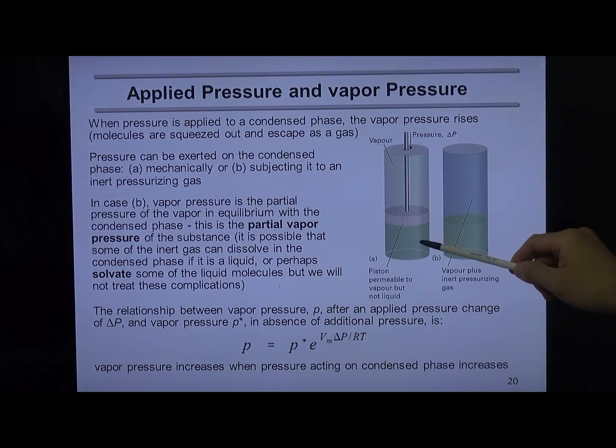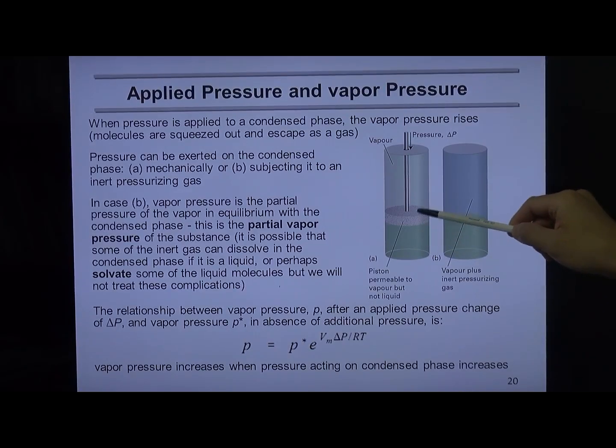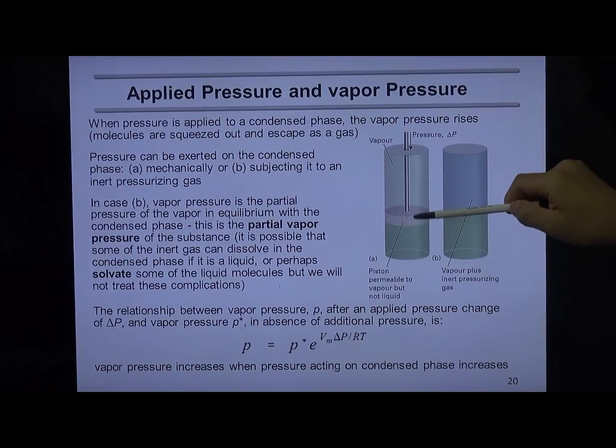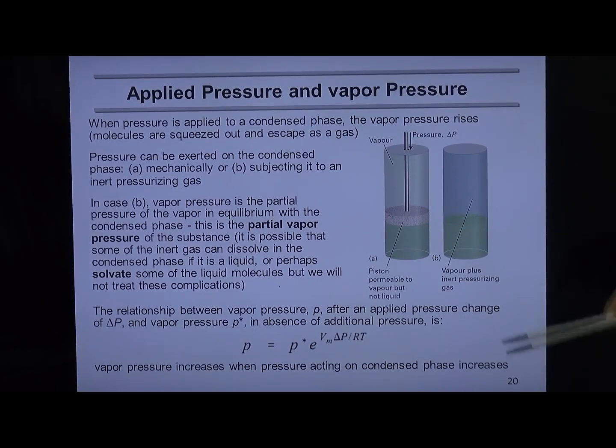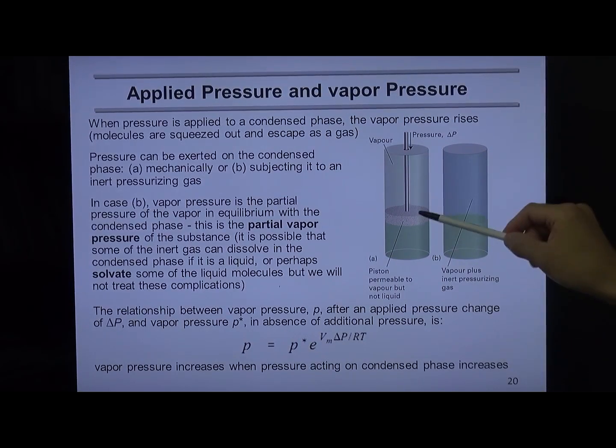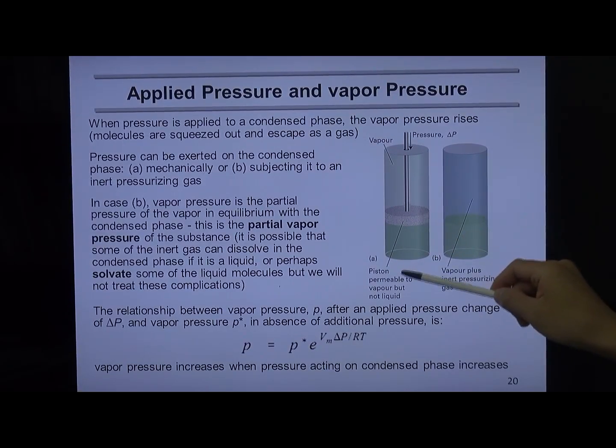So we basically have liquid here, and we apply pressure by pushing the liquid from top to bottom using some kind of sponge. This sponge has the property that it is permeable to vapor but not liquid.